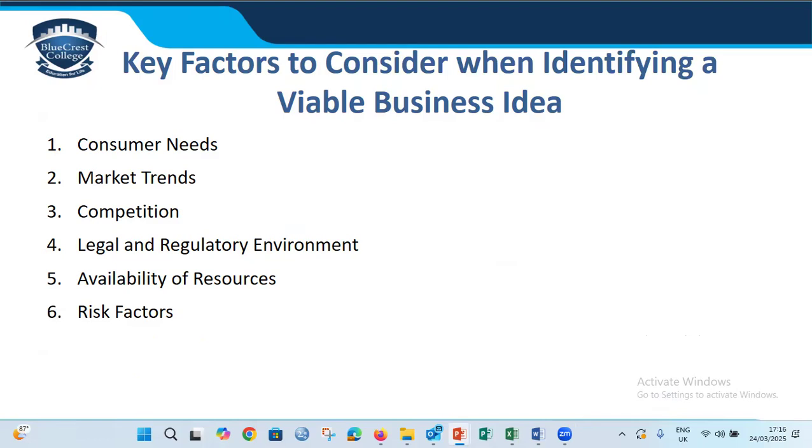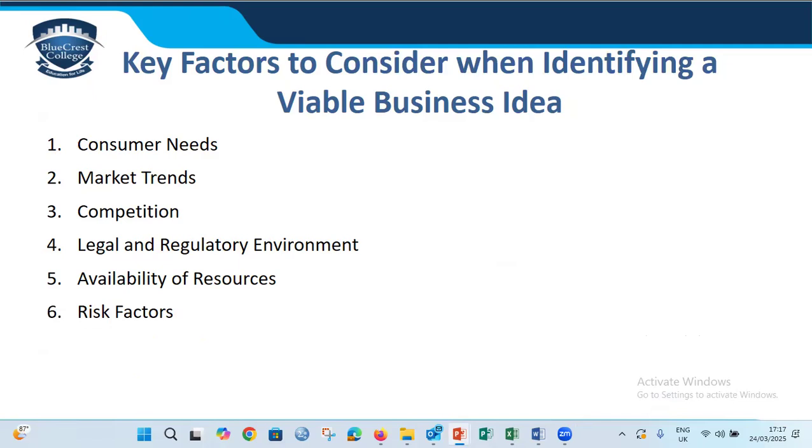In identifying a viable business idea, there are some factors to consider. The first is to consider what the consumer needs. It may shock you that for most of the items you have in mind to produce, consumers do not really need them. So when you are identifying a business idea, go out there and look out for what the consumer really needs.